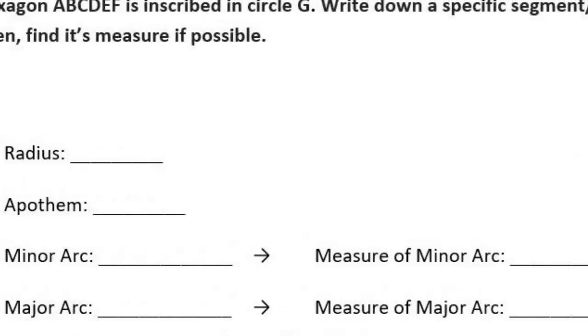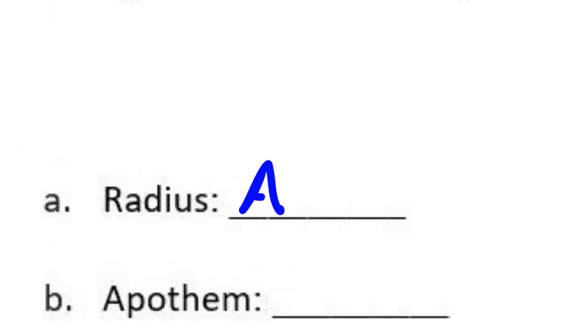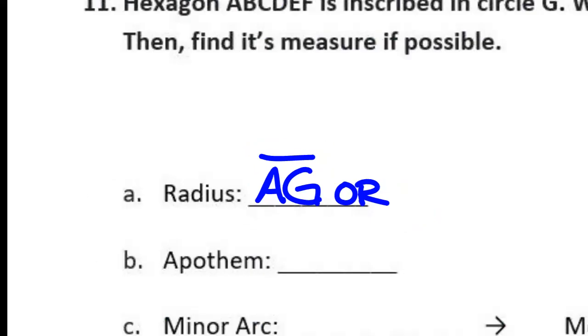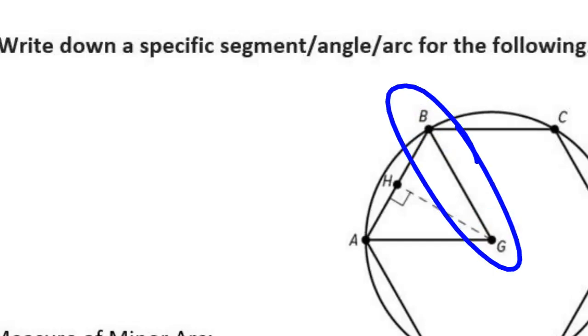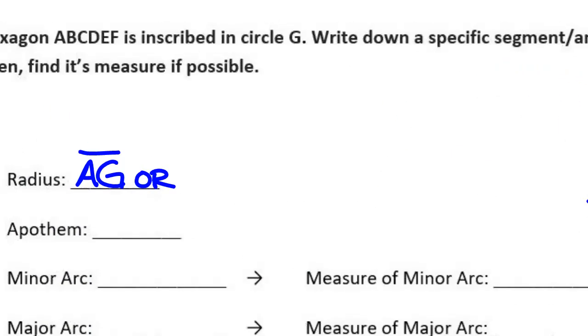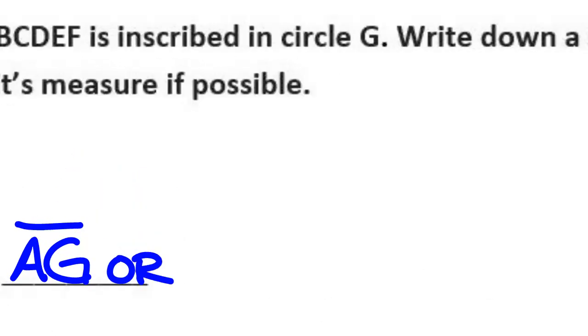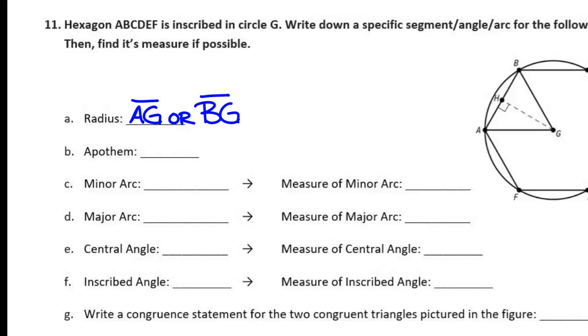So AG would be a radius. Do you see anything else that would count as a radius? BG goes from this vertex right here to the center. So BG, this segment here, would also be a radius. AG or BG.